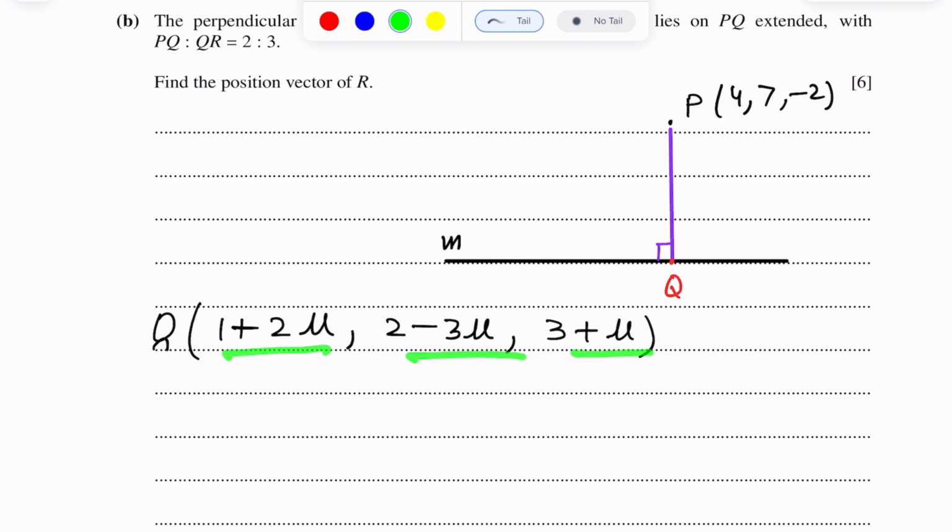These are the coordinates of point Q in terms of mu.